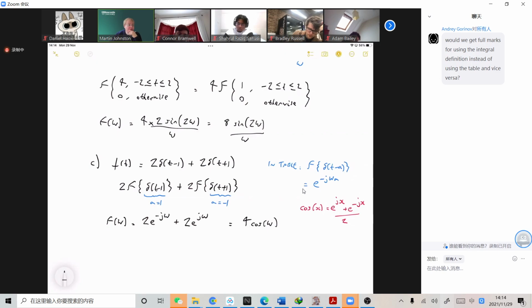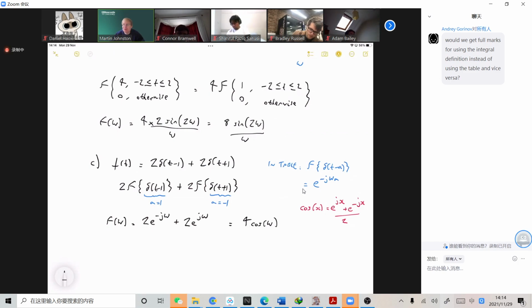Okay, so the question, as everyone can see here, will we get full marks for using the integral definition, so using the table and vice versa? I think you'll get the same number of marks. Obviously, you would only use the integral definition if the question specified it, because I want to avoid any confusion.